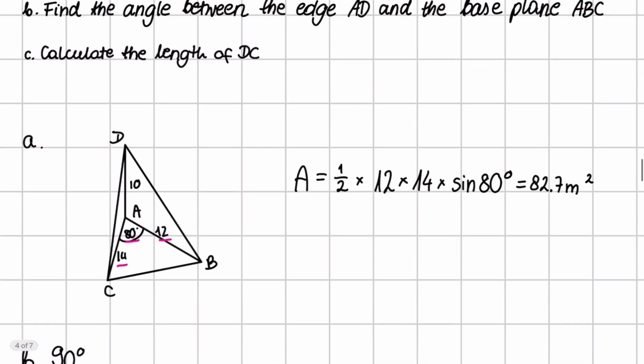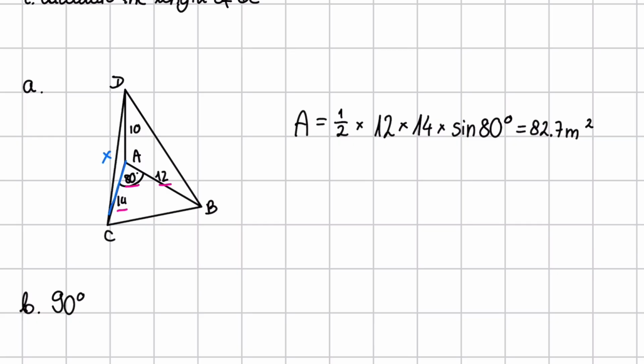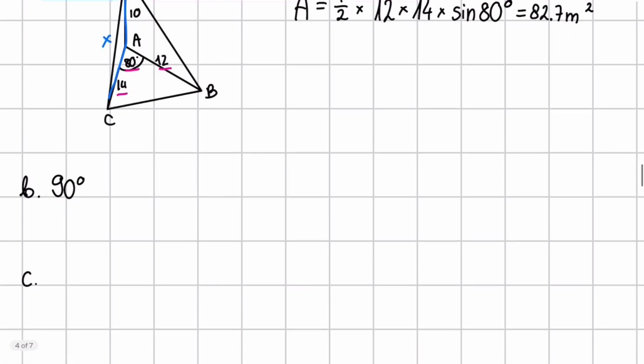And you see we have to calculate the length of DC. We know that they form a right angled triangle, so we can use the Pythagorean theorem. So just 10 squared plus 14 squared equals x squared.